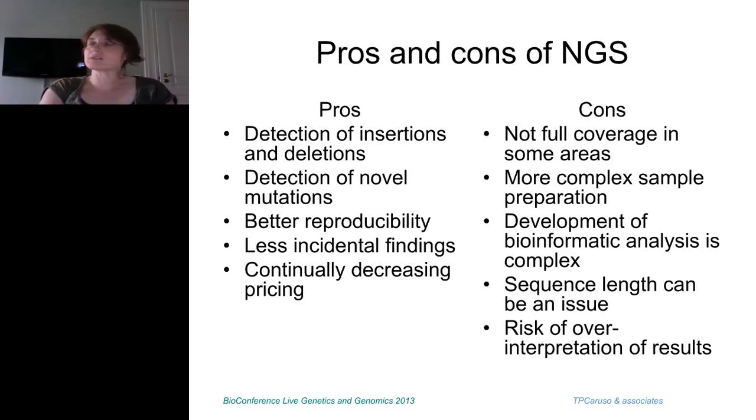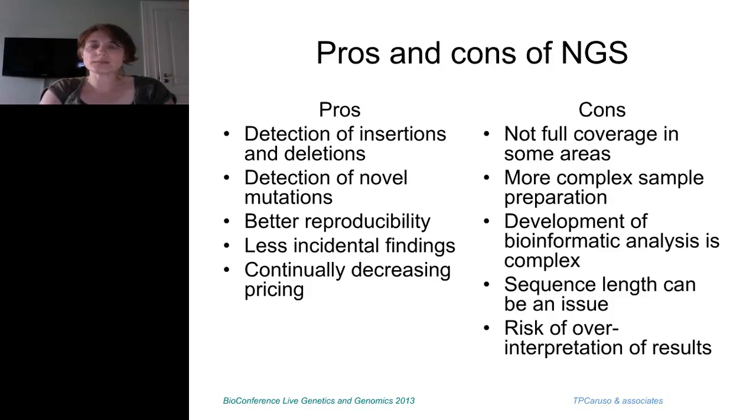Now, next generation sequencing, some people think, oh, that's a panacea, we'll be able to do everything we cannot do on Sanger or on microarrays. And that's not quite exactly the truth. The pros, obviously, we can detect insertions and deletions much better. We can detect novel mutations in areas that we would not have tiled on microarrays, because we're sequencing the entire exon, for example, not just the first 30 bases of it, we can see those mutations coming through.